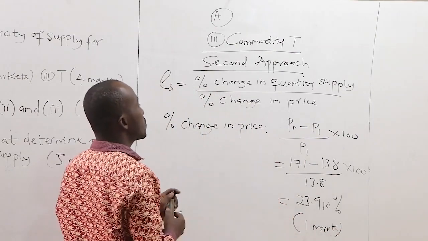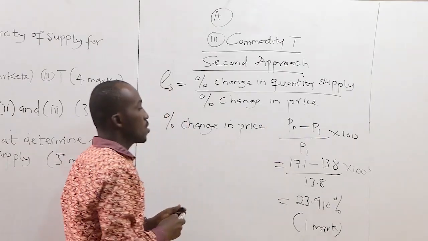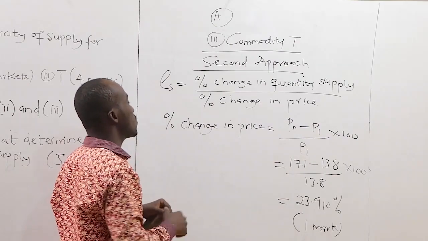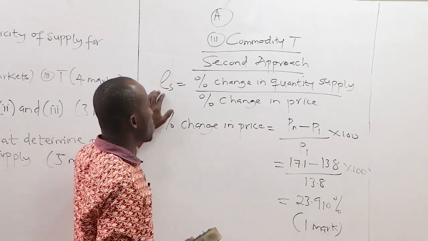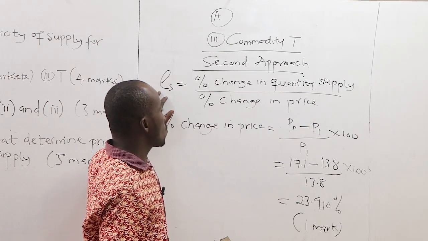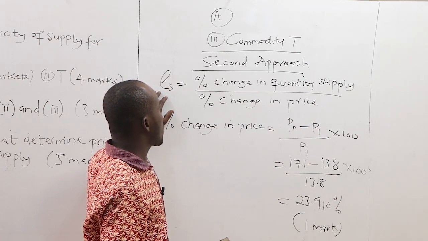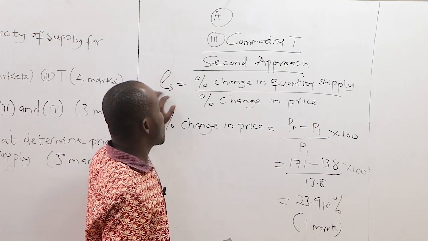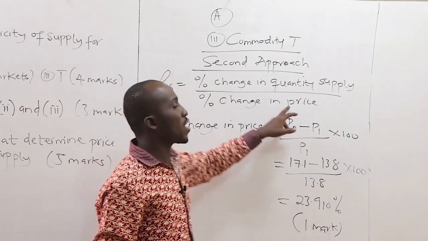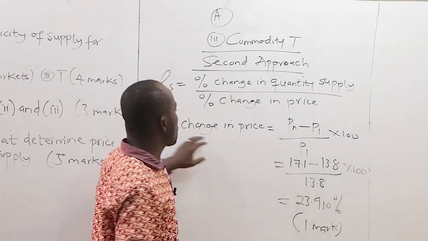Let me take you through again. In order to get cross elasticity of supply, you have to make sure that it is percentage change in quantity supplied divided by percentage change in price. What's the percentage change in price?